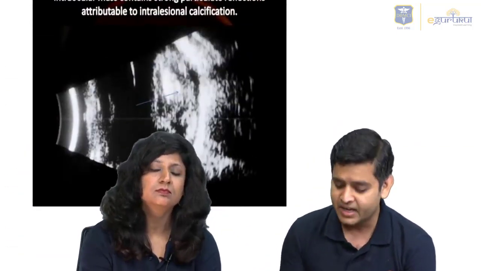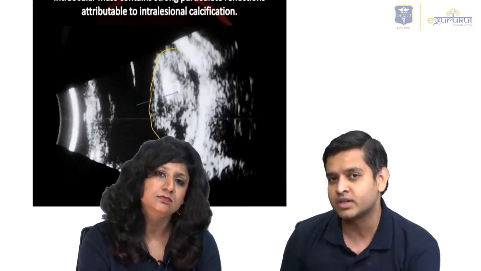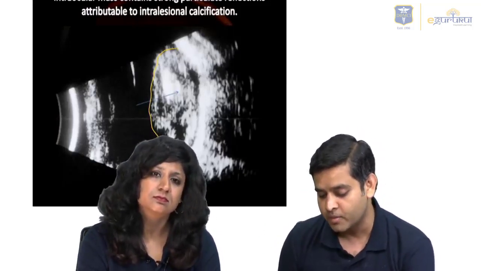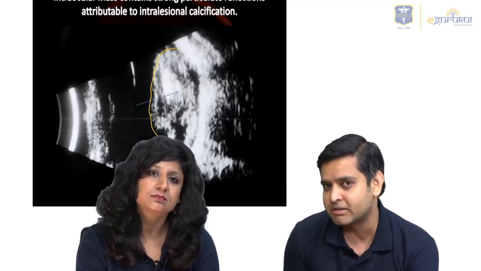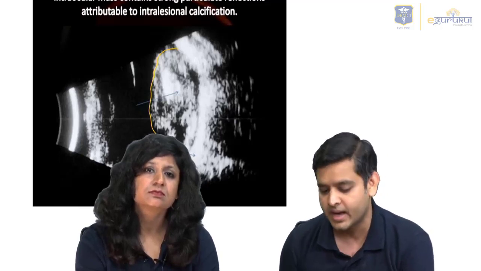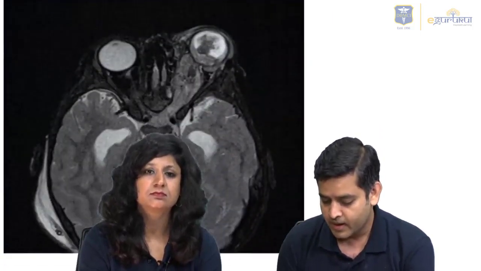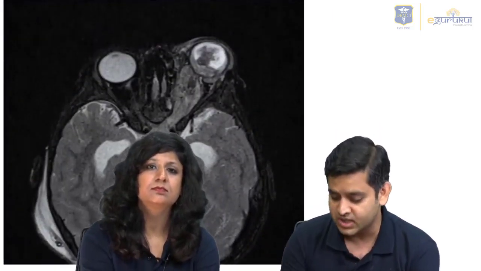If we look at the ultrasound appearance, you will see a mass along the posterior aspect of the globe, with or without retinal detachment, and sometimes you will see some foci in the vitreous chamber also. That will confirm the case of a retinoblastoma. Now if you look at the MRI, you can see there is a mass.